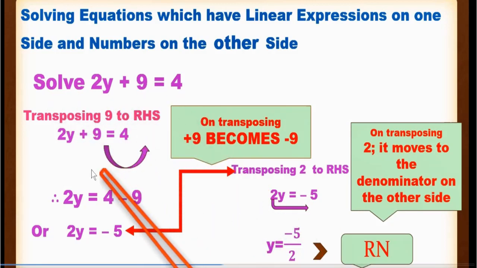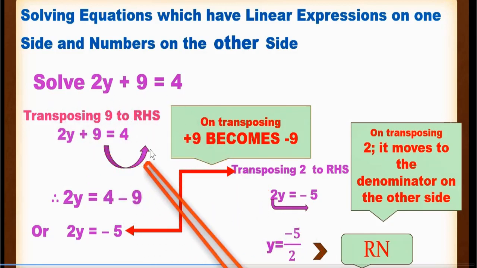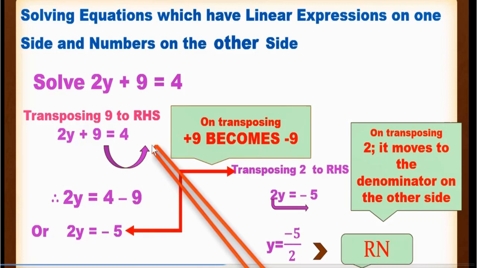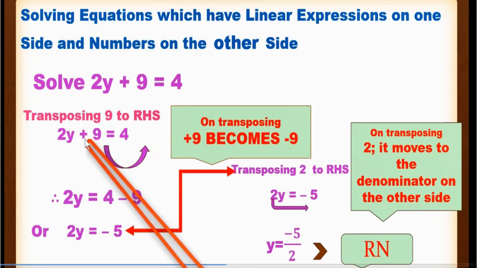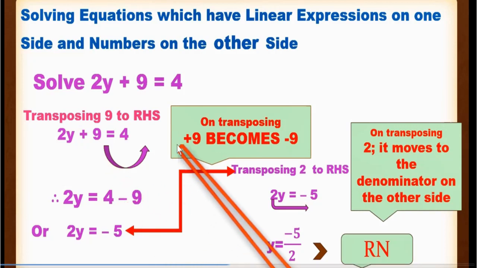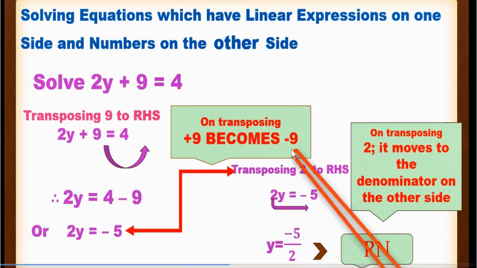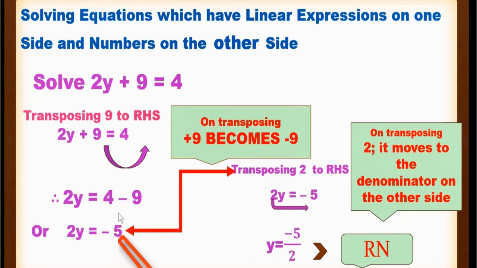In the first step, we will transpose 9 to the other side. When we transpose plus 9 to the other side, it becomes minus 9. It means plus becomes minus on transposing. So we will get 2y equals 4 minus 9. Therefore, 2y equals minus 5 because 4 minus 9 is equal to minus 5.